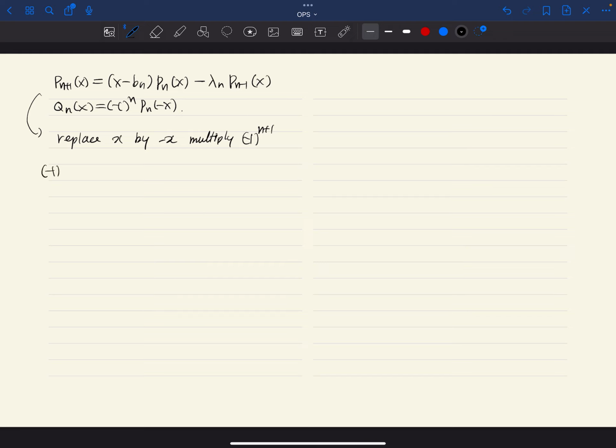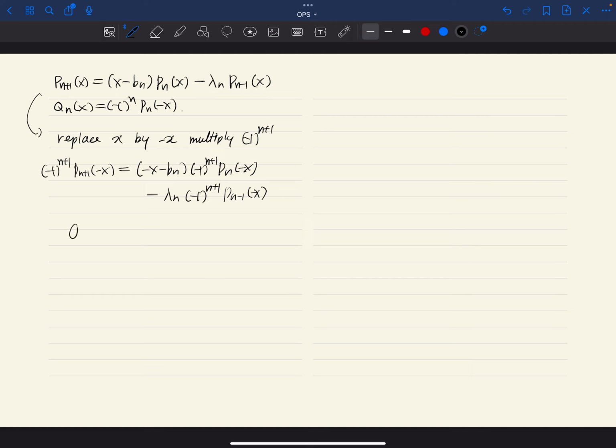Then (−1)^{n+1} P_{n+1}(−x) equals (−1)^{n+1}(−x − b_n)P_n(−x) minus λ_n (−1)^{n+1} P_{n−1}(−x).